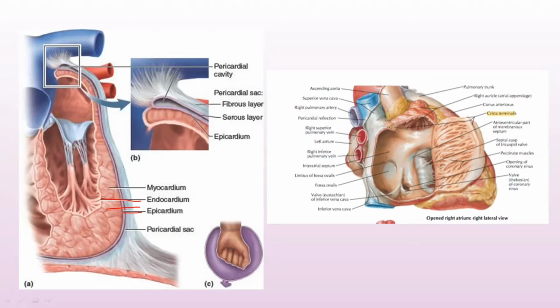Now this is crista terminalis and the SA node is located at this level, above the crista terminalis. So the SA node is located beneath the epicardium at the upper end of crista terminalis, or we can say it is located at the junction of superior vena cava and the right atrium, or we can say where the superior vena cava opens into the right atrium.